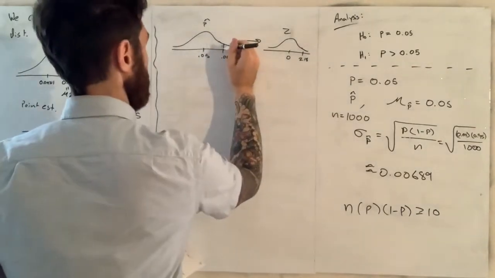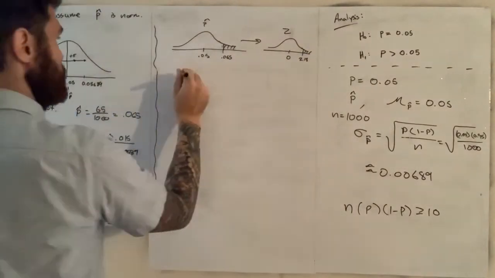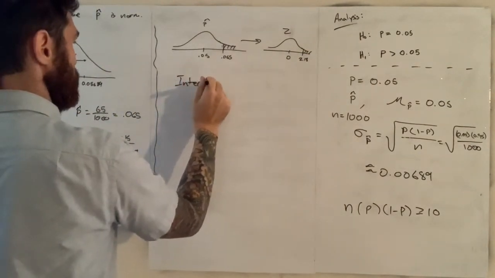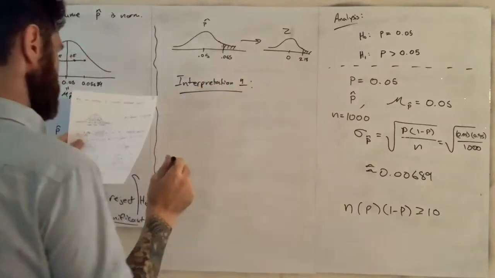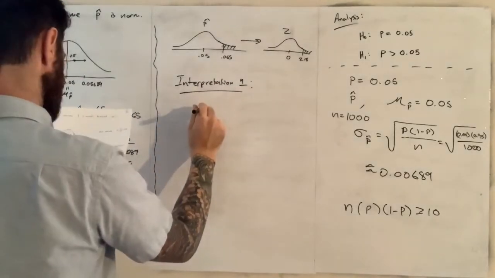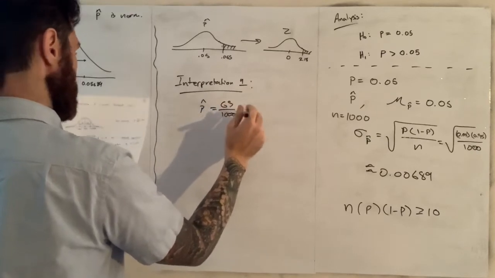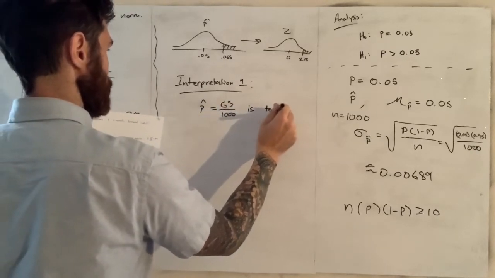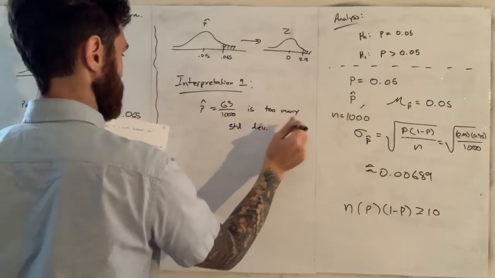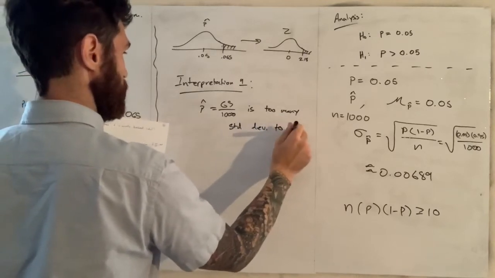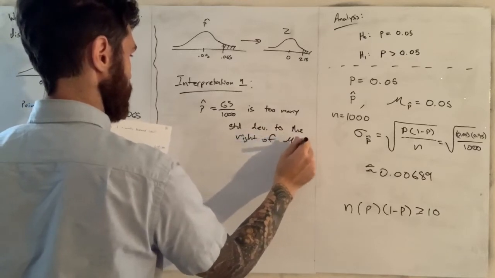And one way you can look at it is we can say, well, the first interpretation is going to be that p hat equals 65 over 1,000 is too many standard deviations to the right of mu p hat.